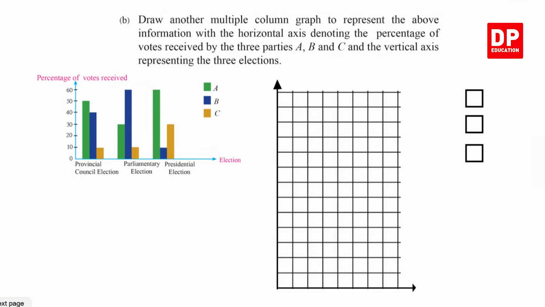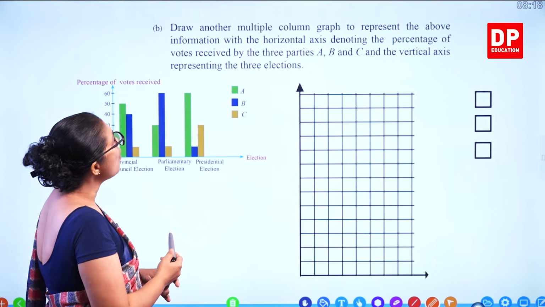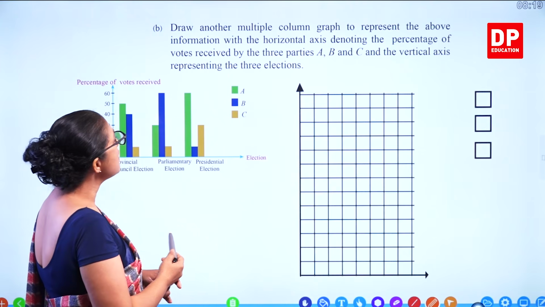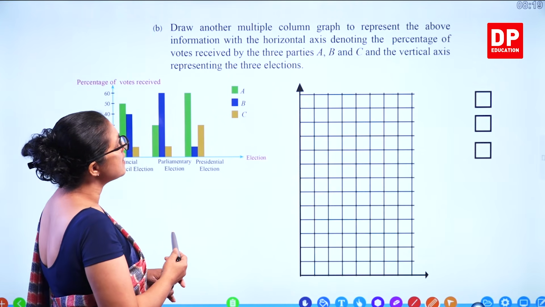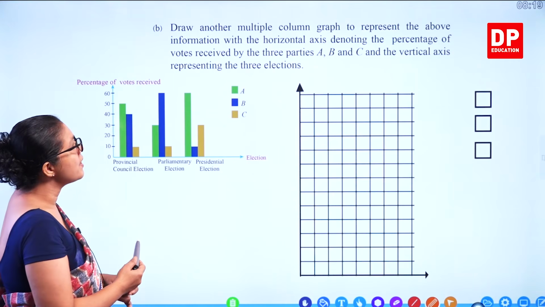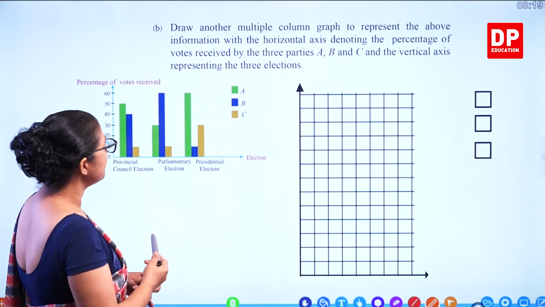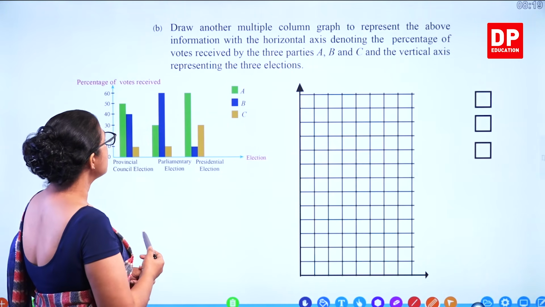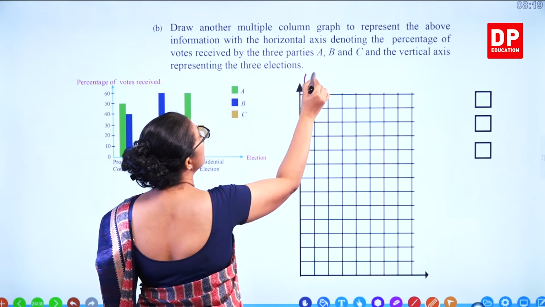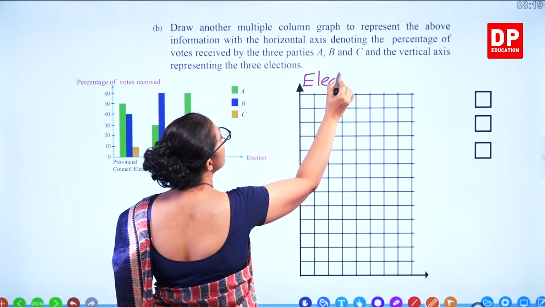Draw another multiple column graph to represent the above information with the horizontal axis denoting the percentage of votes received by three parties A, B and C, and the vertical axis representing the three elections. So this is the election. Here now, other way around.